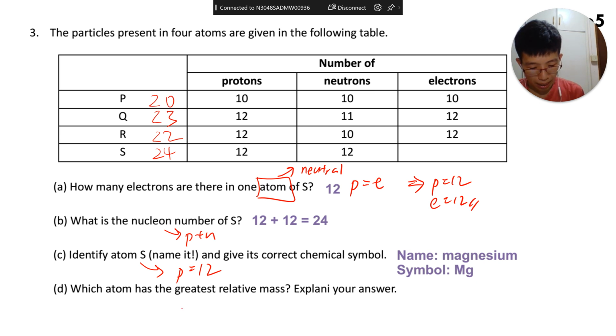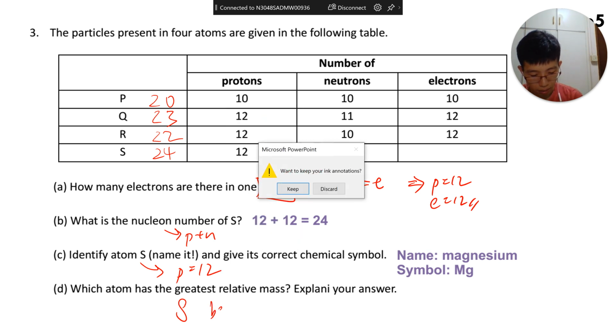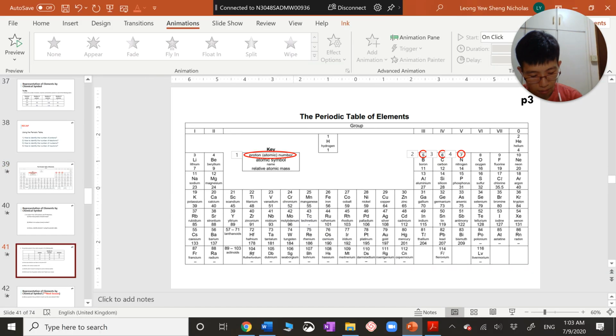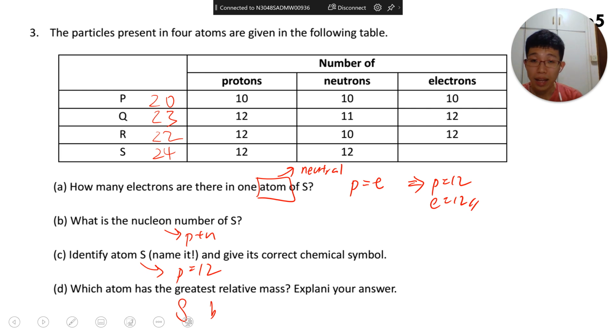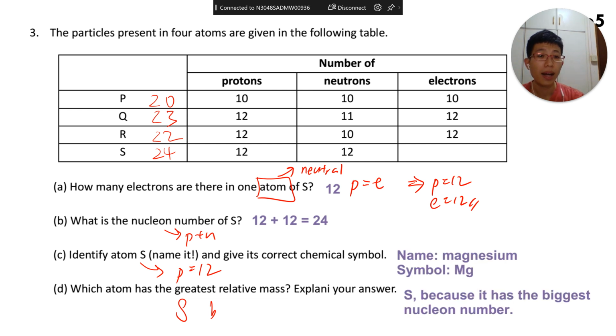So that means S will have the greatest relative mass, because it has the biggest nucleon number.